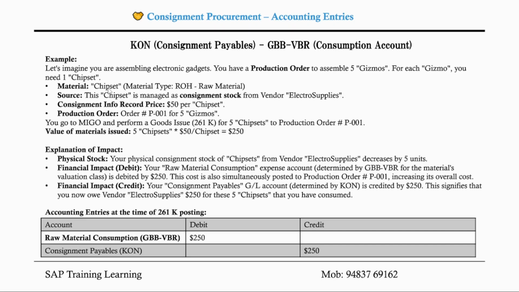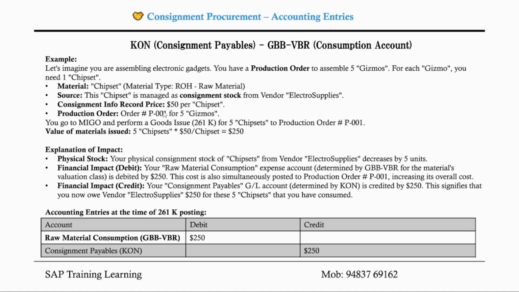So material chipset is a raw material, and this chipset is managed as consignment stock. Okay, from vendor Electro Supplies is the vendor name. Consignment info record price is $50 per chipset, and you have a production order to assemble 5 gizmos. To assemble 5 gizmos, you need 5 chipsets.